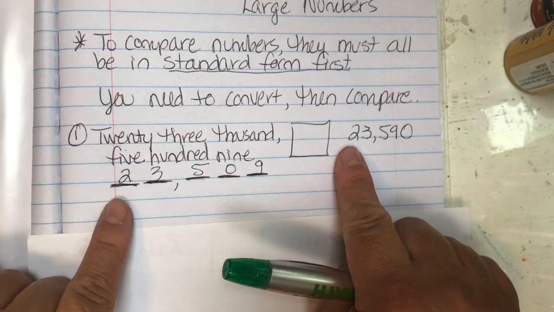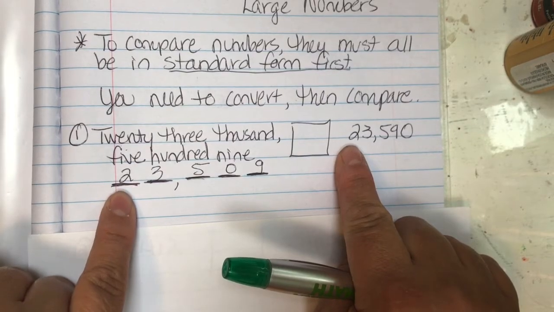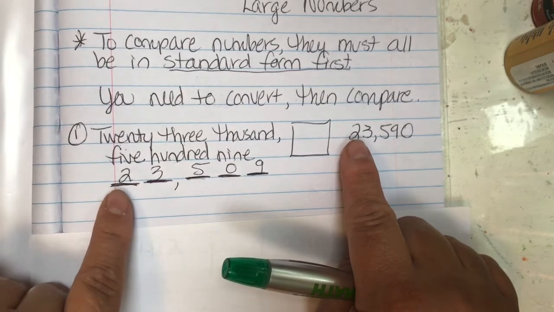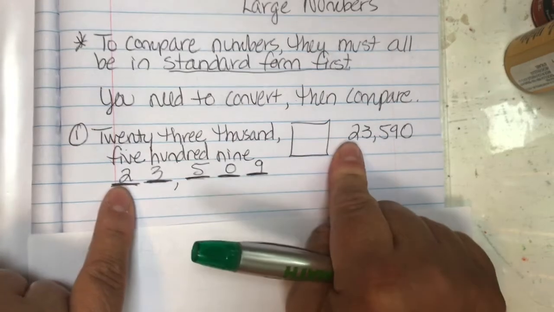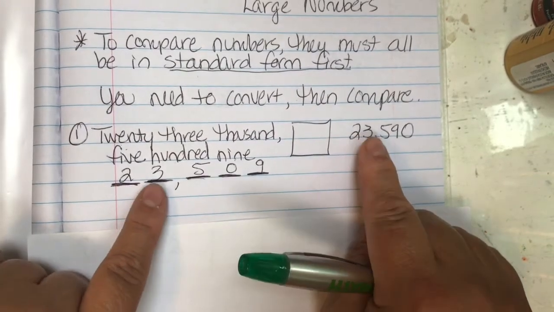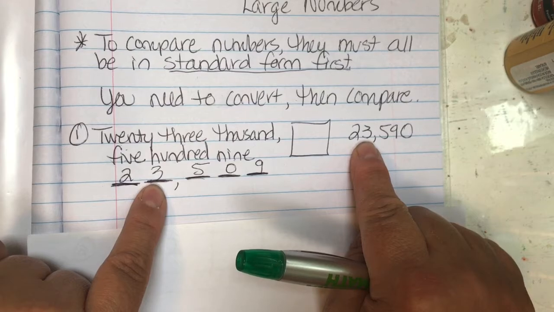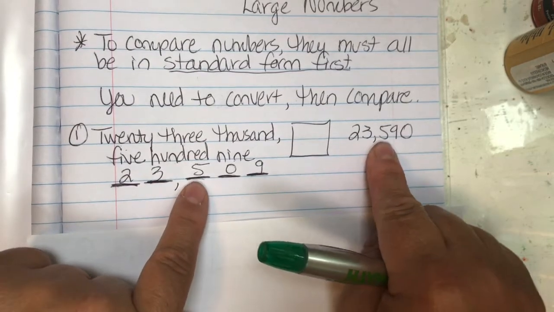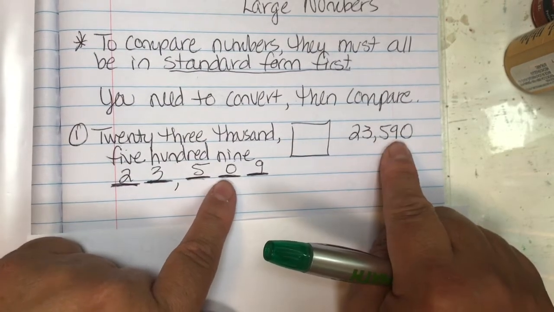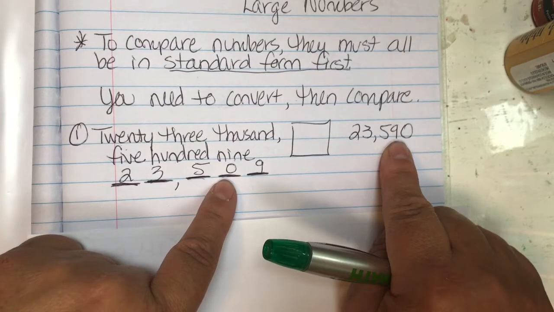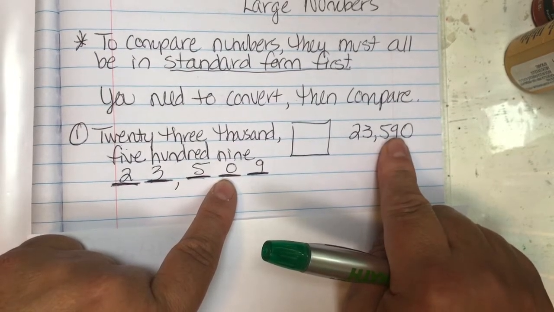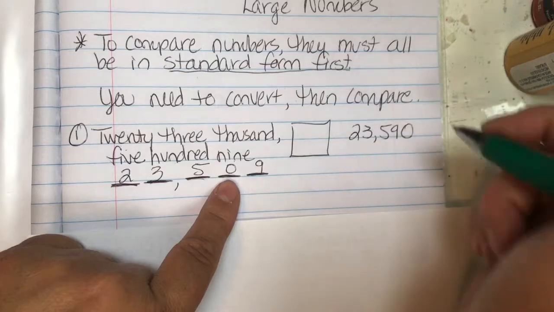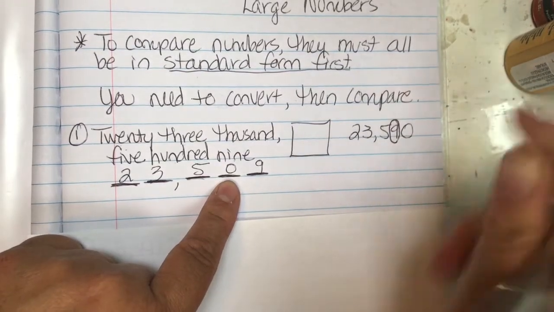So I use my fingers and I start at the largest place value. Another strategy, if it's helpful to you, is to just stack these up, write them on a scrap paper or your dry erase board. For the finger method, you put your finger on both the same place values and you just keep going, comparing as you go, to see where you have a difference. Now when I get to the tens place, I can see that I have one that has a 9 in the tens place and one that has 0. So I'm going to go ahead and circle the larger one.